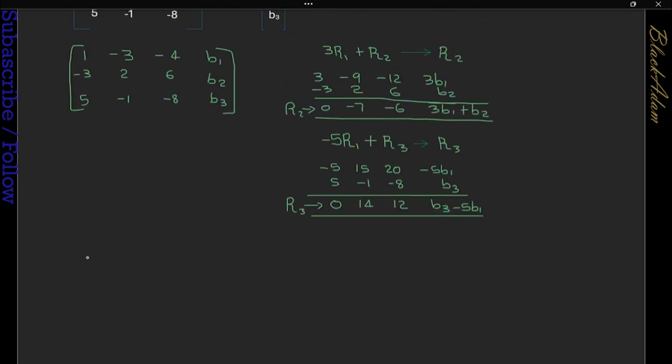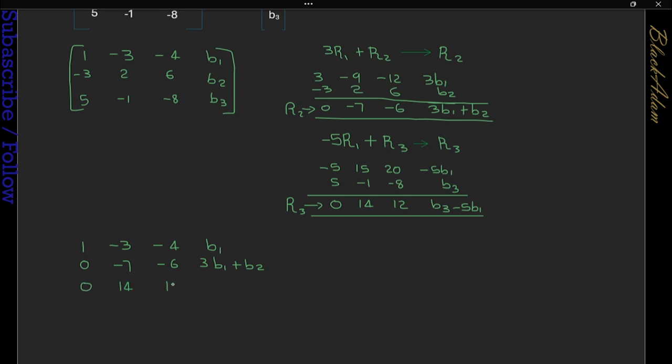So row 1 is constant. We've made two alterations, and we write our information: 1, -3, -4, b1, because row 1 didn't change, row 2 did change. So our final answer for row 2 is 0, -7, -6, and 3b1 plus b2.